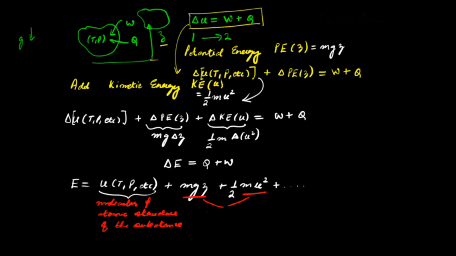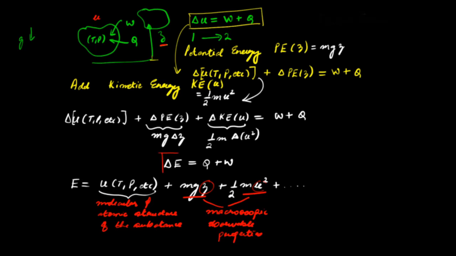So these can be described in terms of the macroscopic observable properties. And note that if our system is changing elevation and its velocity is also changing, then the state of the system is described not only by temperature, pressure and other thermodynamic variables, but also the elevation and the speed. So you need to use all these variables to define the state of the system.